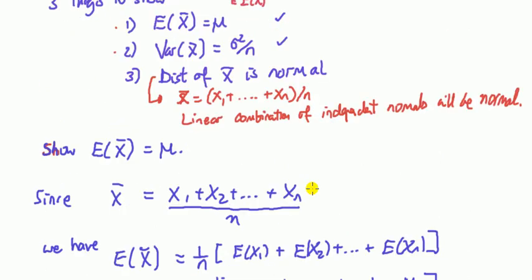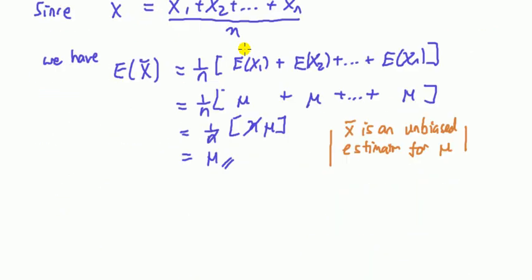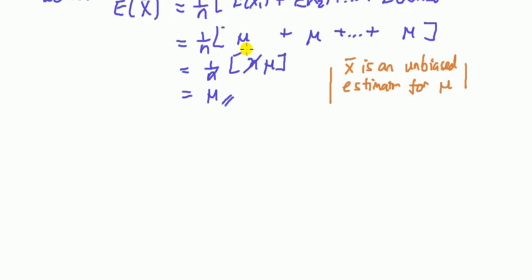Good. Next thing, let's show that the variance of the sample mean is sigma square over n. This time, we're going to use the variance rules.